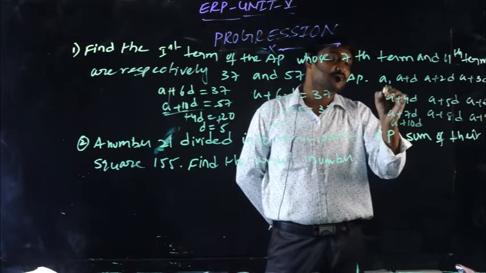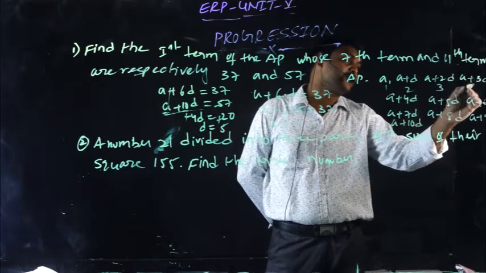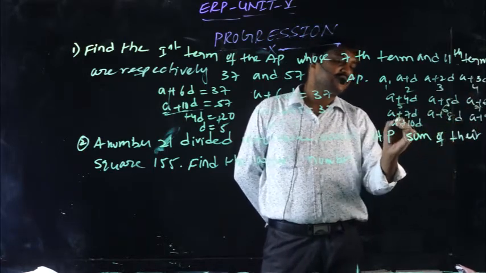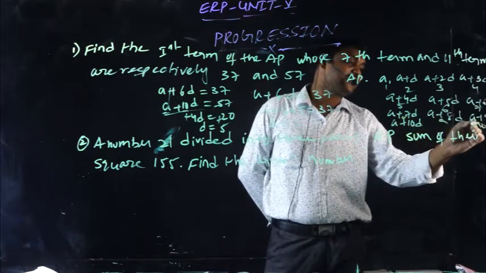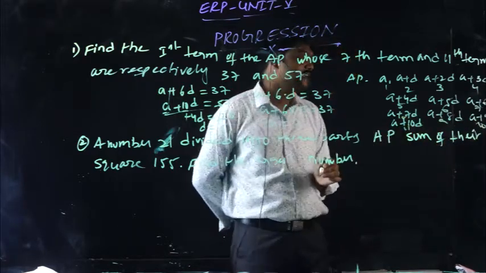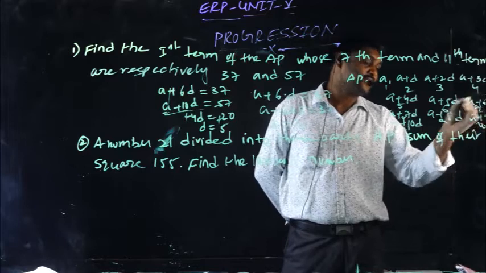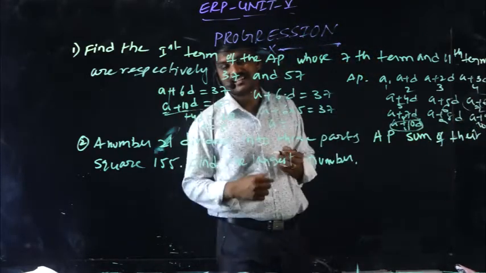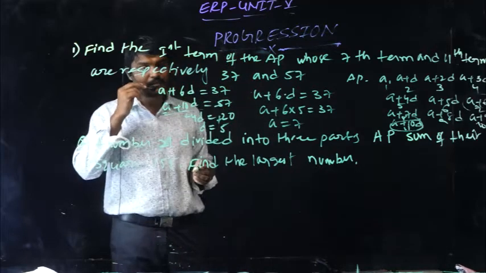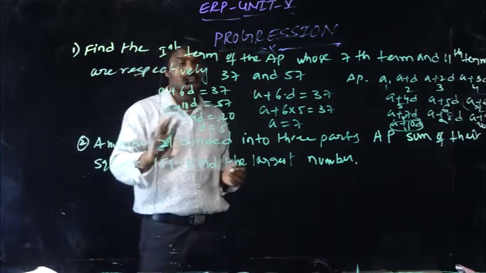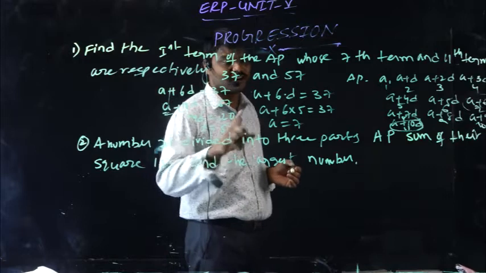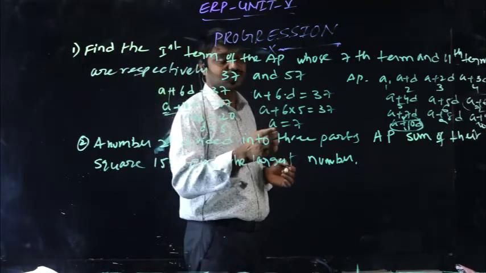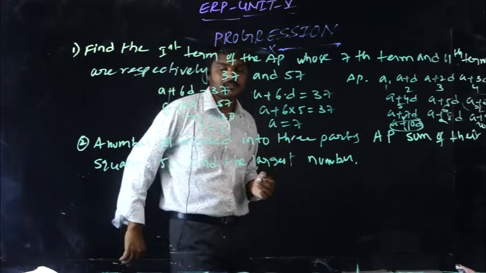That means first term, second term, third term, fourth, fifth, sixth, seventh, 8th, 9th, 10th, 11th. He has given the 7th term and 11th term. That's why a plus 6d is 37, a plus 10d is 57. So the difference equal to 5. He is asking the first term, so a equal to 7.